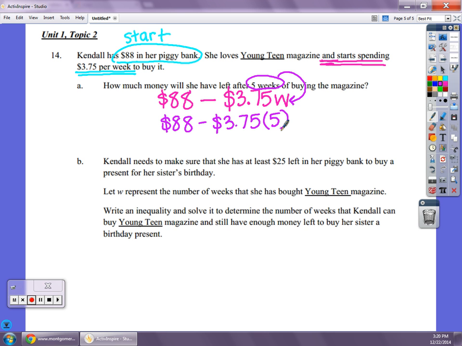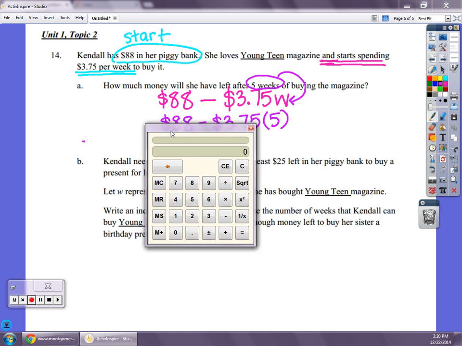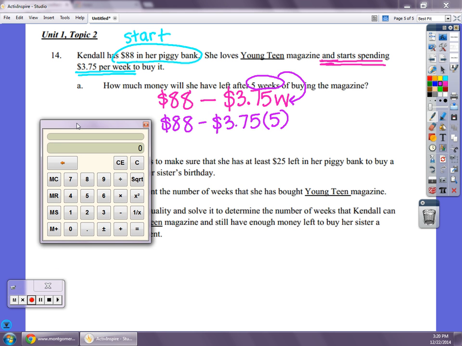And now we're just going to need to simplify that. I'm actually going to pull out my calculator here. All right, so we have $88 minus $3.75 times 5. Well, I'm not sure what that is off the top of my head, so let's figure that out.